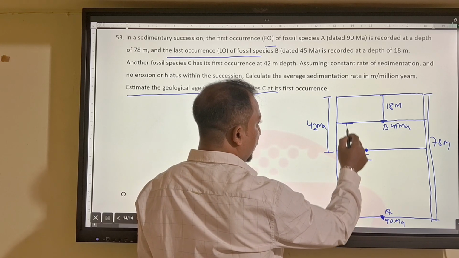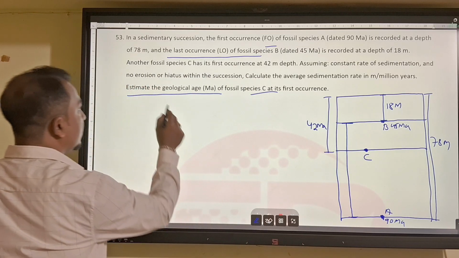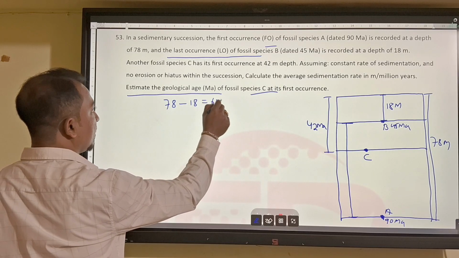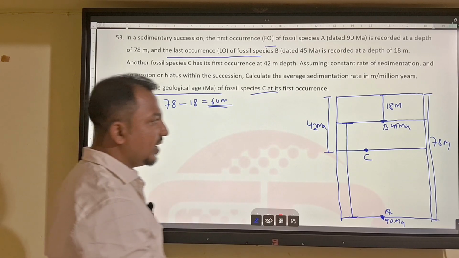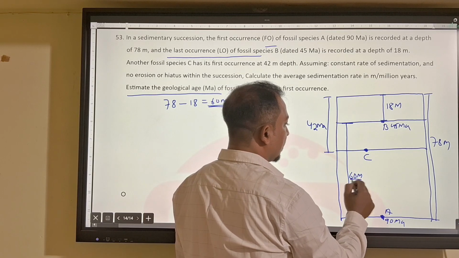So the depth gap between these two species will be 78 minus 18, that is 60 meter. So from B to A, we have 60 meter length.